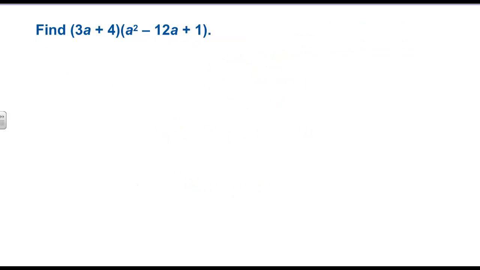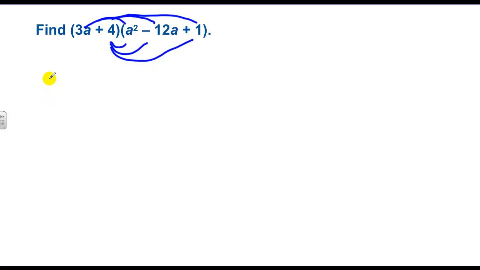Now, in this case, it's not a binomial times a binomial, so you're not necessarily able to FOIL because there's not 4 terms. But what we do is, again, we distribute every term in the left to every term in the right. So I'll have 3 distributions with the 3a and 3 distributions with the 4.